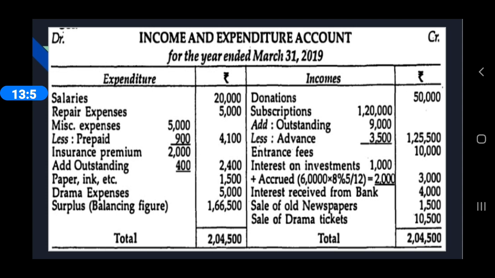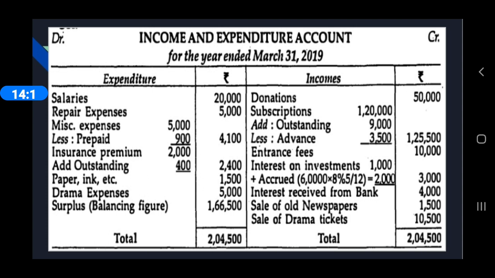Paper and ink, already told, is nothing but printing and stationery. Ink and papers are called printing and stationery. That is a revenue expenditure. Drama expense, that is, every year they conduct some drama, so it may be treated as revenue expenditure, that is 5,000. But incomes means the donation.